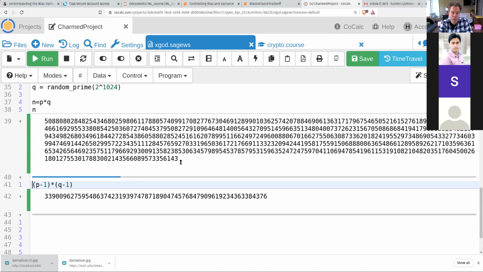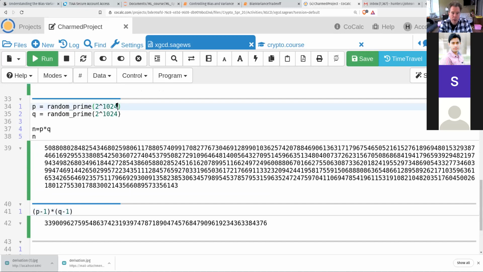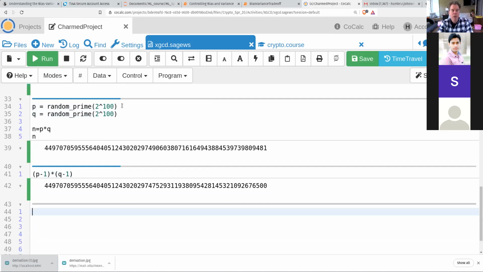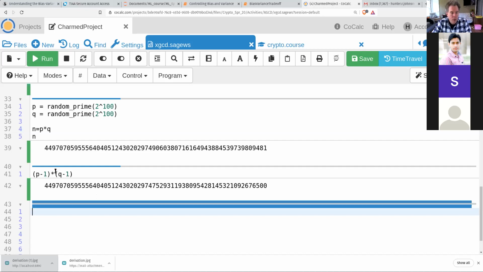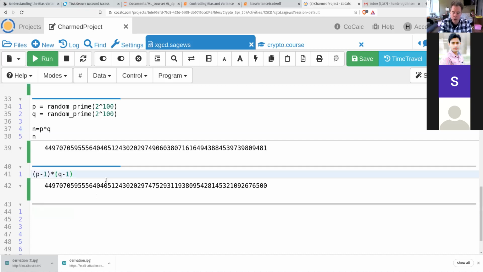That's kind of too big to make the point that I wanted to make. What I wanted to show here is these two numbers are basically the same. The difference between them is like a rounding error for how big they are, and that's because if you look at this formula, this is equal to PQ minus P minus Q plus 1.